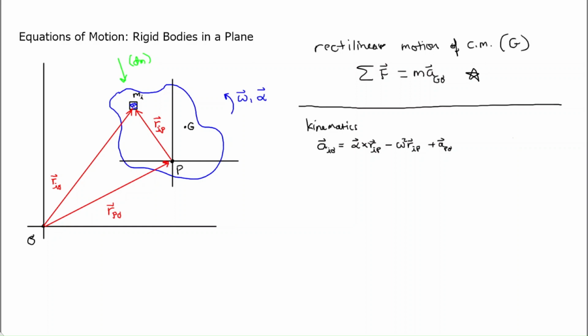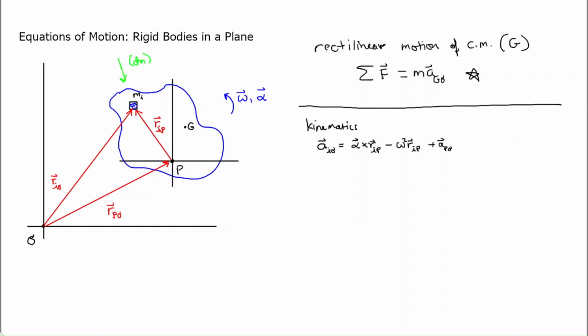For now I'll just call it m sub i, and I can label its position as r sub io relative to the fixed origin O, or r sub ip relative to some point P in the rigid body. In fact it doesn't have to be in the rigid body, but in my picture it is. And then of course we need to know the position r sub po of P relative to O.